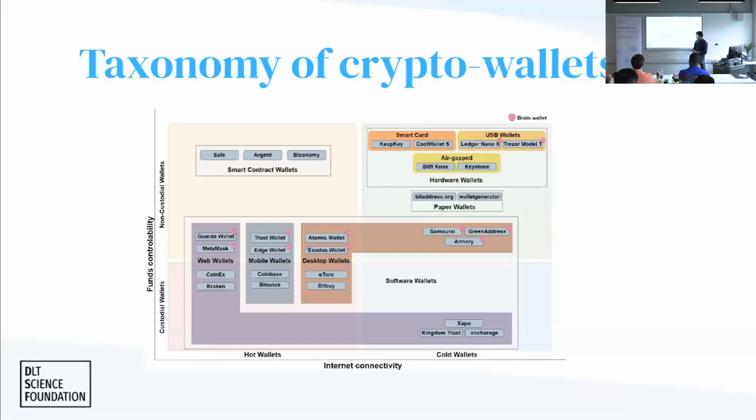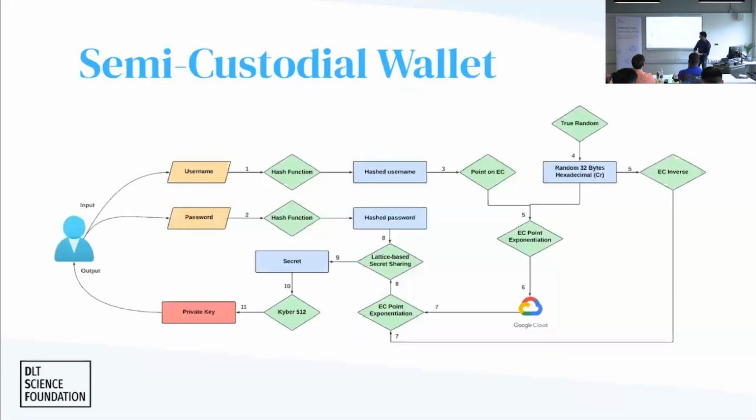So there's one more. There is another set of wallets called semi-custodial wallets, which use the capacity of a server as well as the human being. It works this way. Say I'm the user, I just enter a username and password, which turns into the whole set of process and then generates the private key using a server.